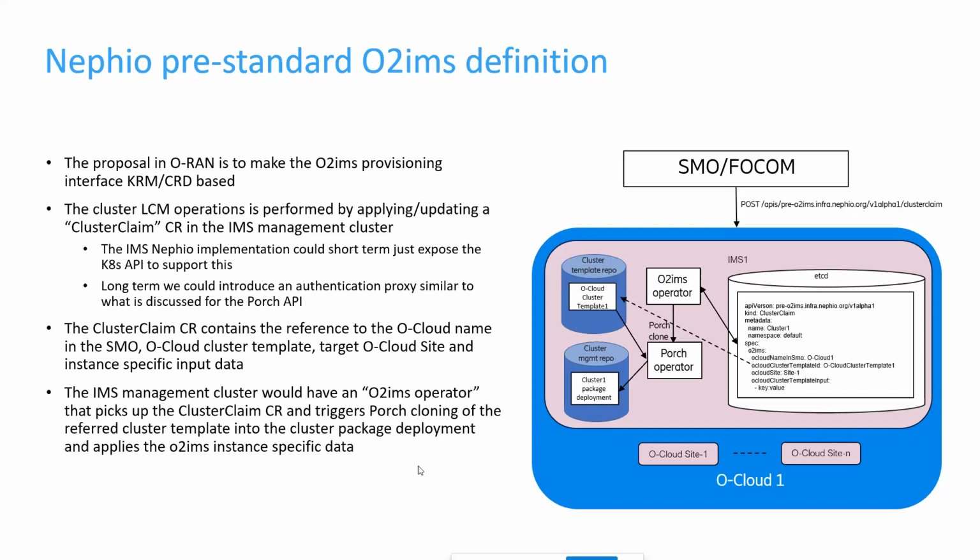The easier it is to read, the better. And repeating OCloud when it's under O2IMS seems to just add words. So that's one comment. I don't know if you're attached to that OCloud prefix, but I would recommend to just remove it.